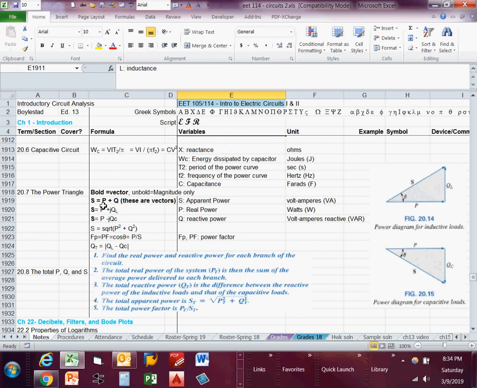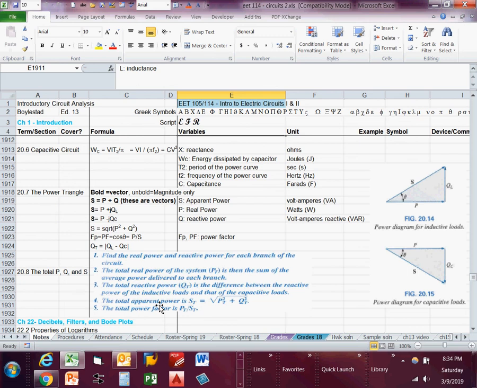So when I said S equals P plus Q, these are all vectors. S is the apparent power, in volt amperes. P is real power in watts. Q is reactive power, in volt amperes reactive. So this is another form, plus jQL minus jQC. So QC goes down, QL goes up. Remember, inductor is L, looks more like a plus symbol, so it goes up.